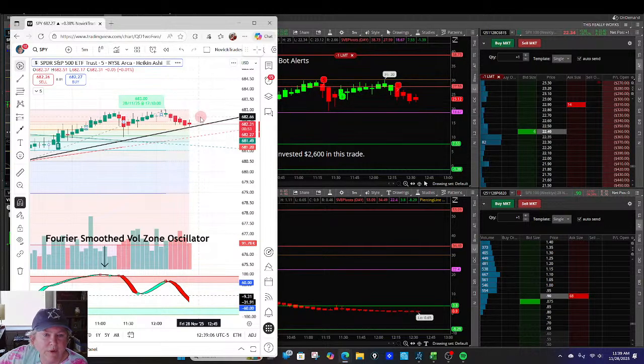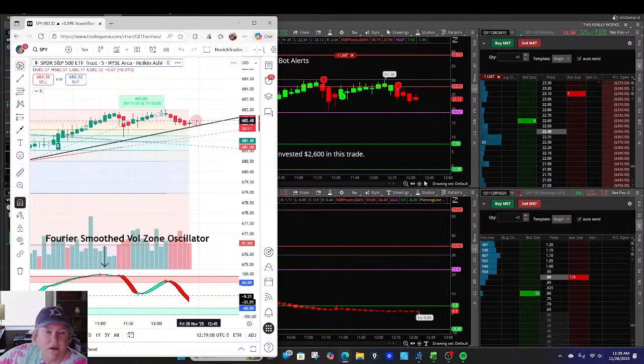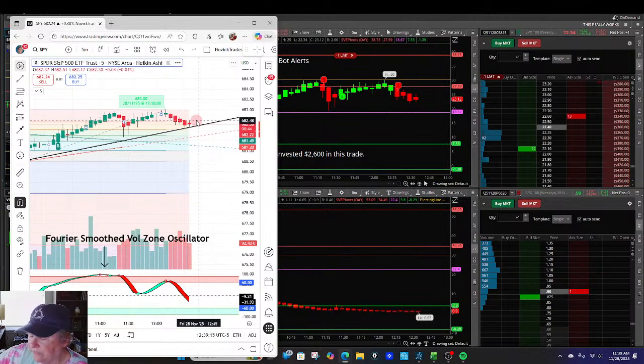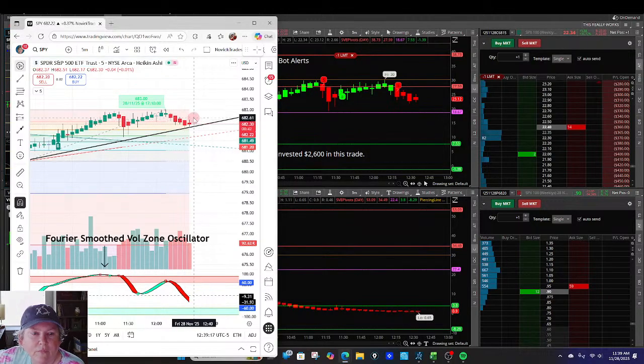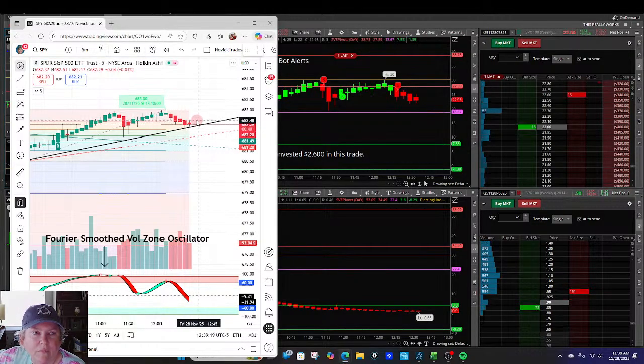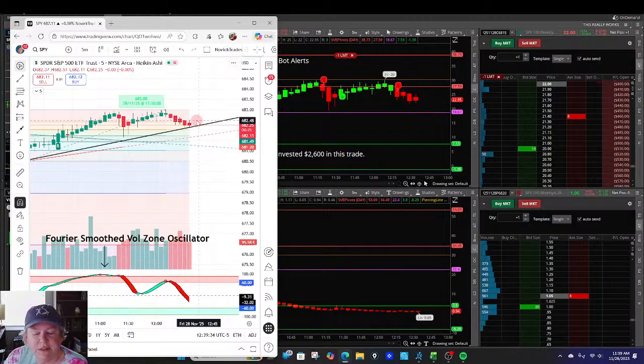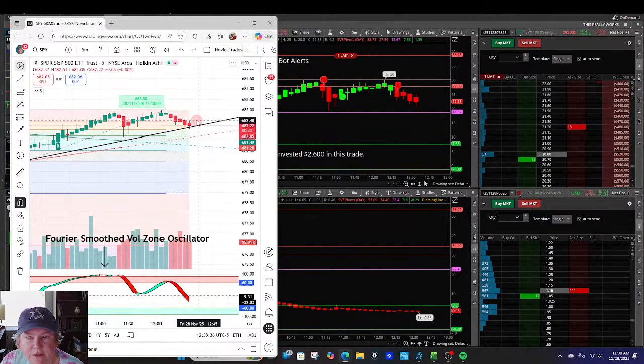So we're waiting. We've got another minute to see what this next candle will bring. It hopefully will be a green candle. If it is not a green candle, we'll just have to make a decision.